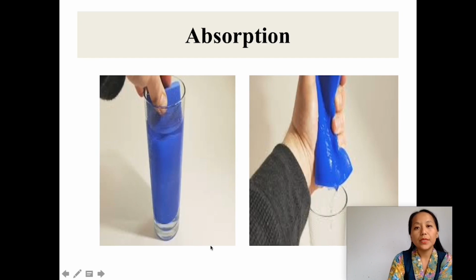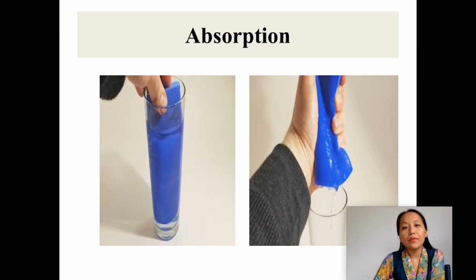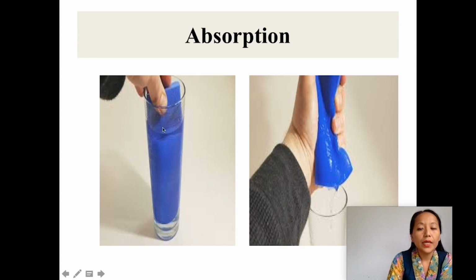Moving forward, absorption. Whenever we talk about absorption, one of the most common examples that comes to our mind is a sponge dipped in water. A sponge dipped in water is an example of absorption because when the sponge is dipped in water, you will see that the water starts to enter into the bulk of the sponge.